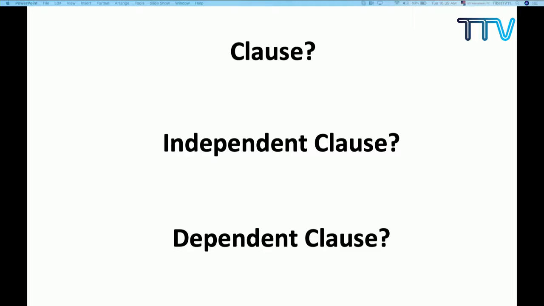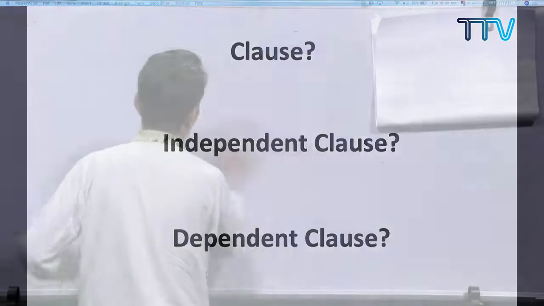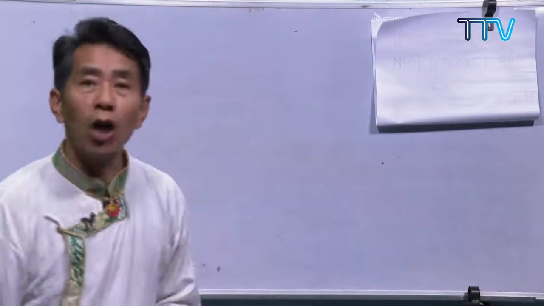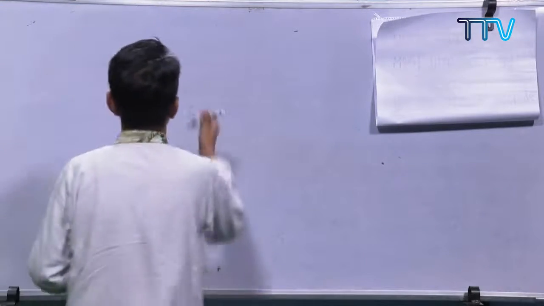I've already mentioned the clause, and I've also talked about the independent clause and the dependent clause. There are so many things, so let us try to learn these clauses here. In the meantime, I want you to see whether you remember what a clause is.